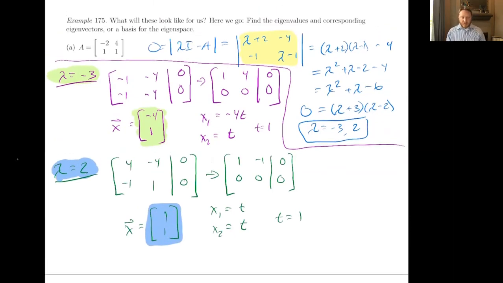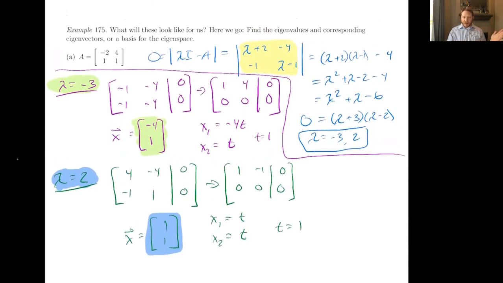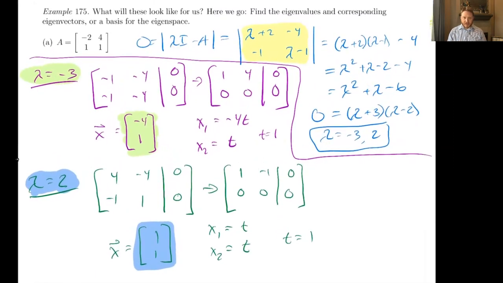So this 2 by 2 matrix had 2 eigenvalues, and each eigenvalue had a corresponding eigenvector. And this is what one of the problems looks like from start to finish for a 2 by 2 matrix. And we're going to have to do this a lot in chapter 7. So hopefully after you do a few of these, you kind of settle into a routine.